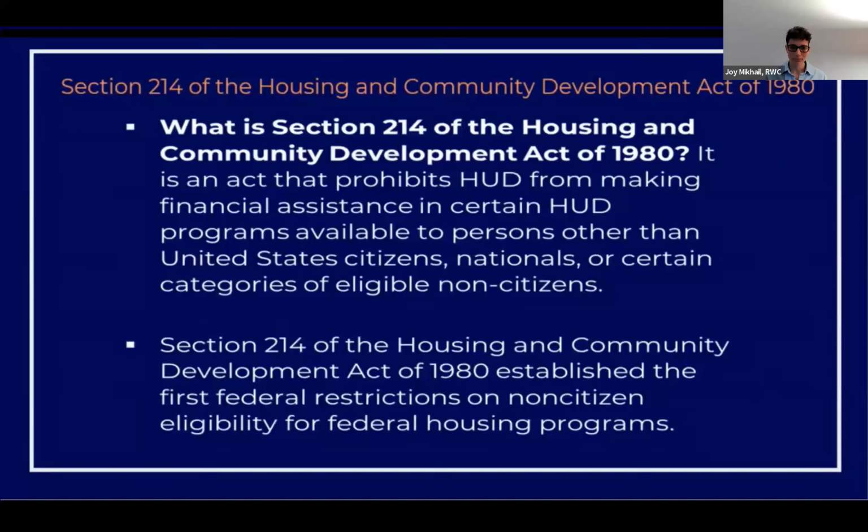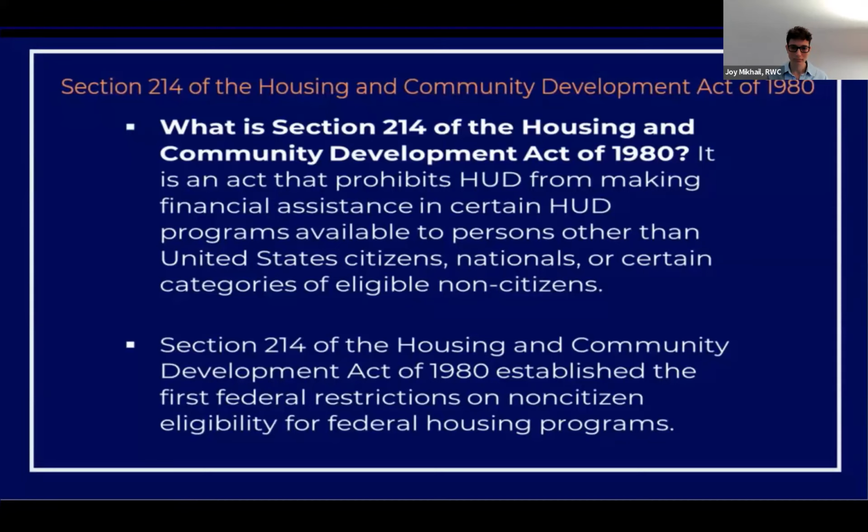So what is Section 214 of the Housing and Community Development Act of 1980? It is an act that prohibits HUD from making financial assistance and certain HUD housing programs available to persons other than United States citizens, nationals, or certain categories of eligible non-citizens. It established the first federal restrictions on non-citizens' eligibility for federal housing programs.